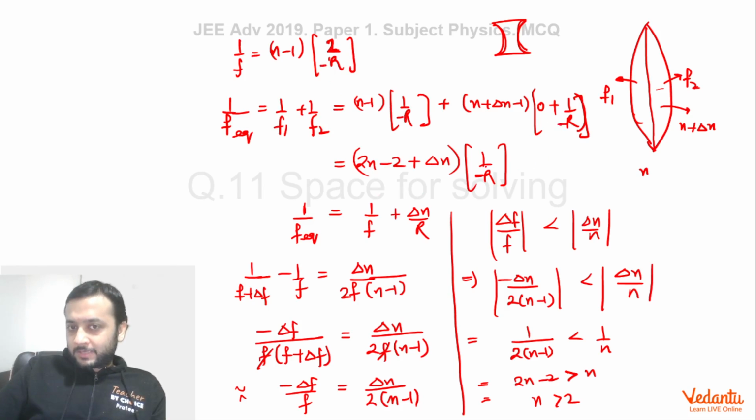Now this n minus 1 into minus 1 by r would have been replaced by 1 by f. So this whole thing would have become 1 by f with a minus sign, and here minus r would have been present.